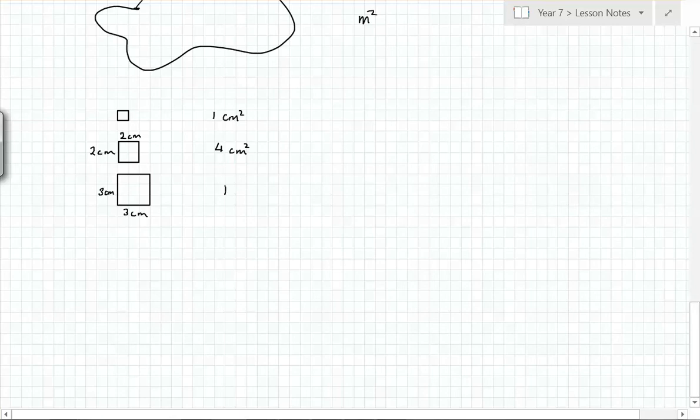But the area is 9 centimetre squares because we've got 1, 2, 3, 4, 5, 6, also 3 times 3. Okay, exactly. So the area of a square is just one side times itself, because if you think about it, if I break that up, I have 2 times 2 squares, 2 lots of 2 squares. Make sense? Yep. So the area is 2 lots of 2. In this one, it's 3 lots of 3.